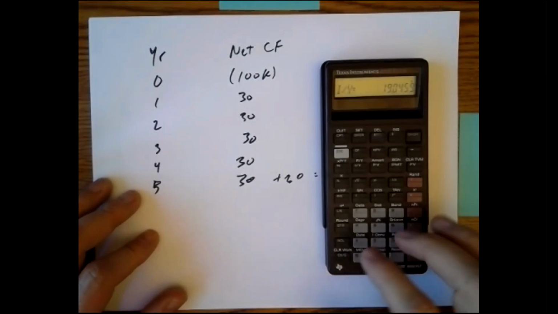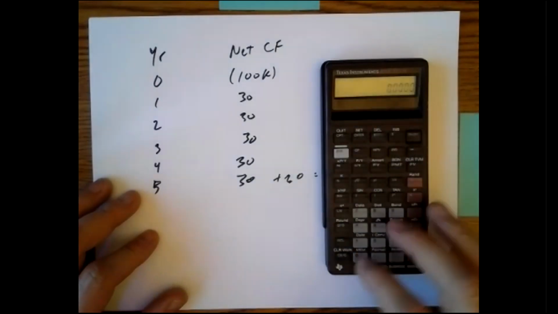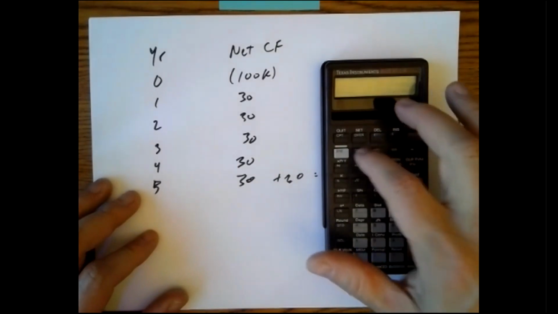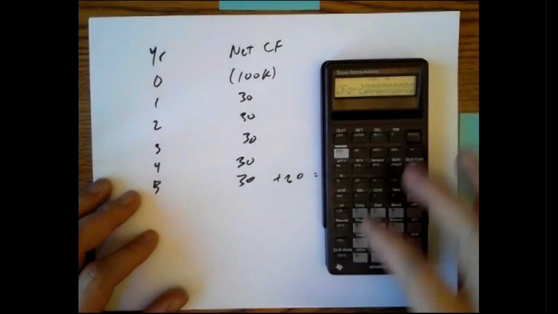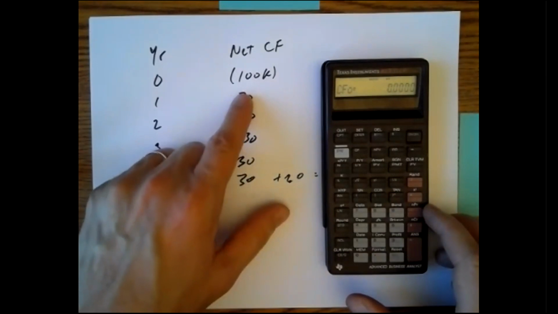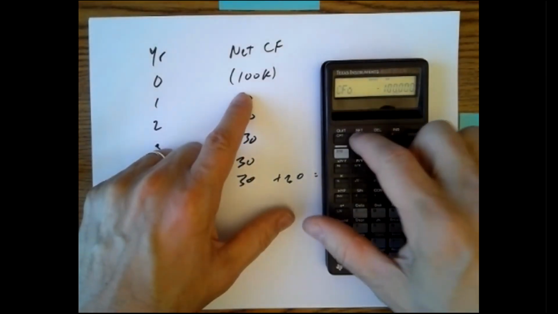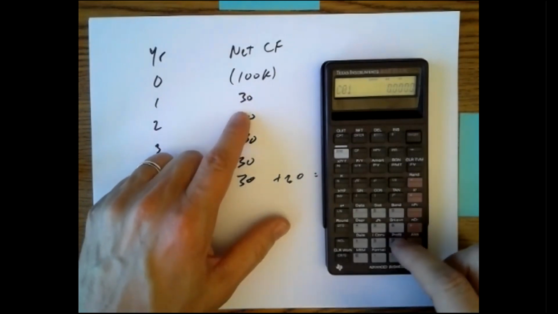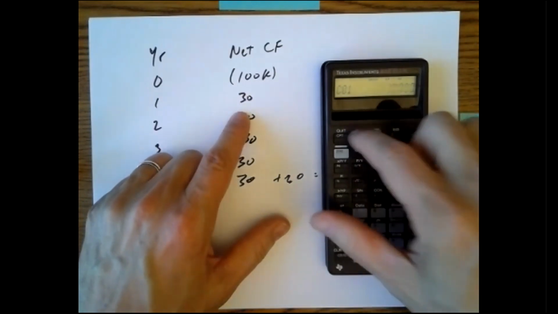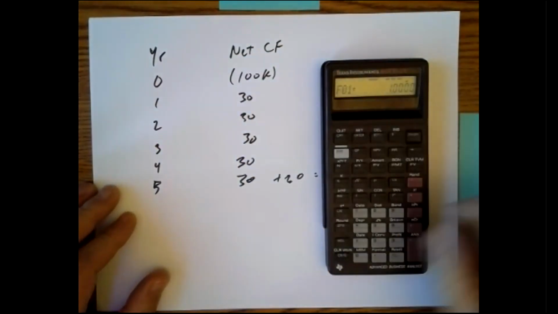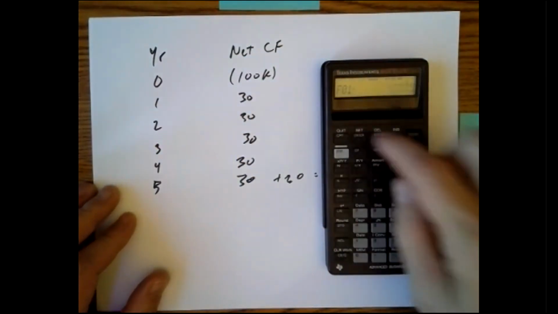Okay, another way to do this with the financial calculator is to use the cash flow register. So it's not cleared, so we're going to clear our cash flow register. So our CF0 is negative 100,000. Enter, down. Our C01 is 30,000. Enter. And we get 30,000 1, 2, 3, 4 times, so our F01 is 4.